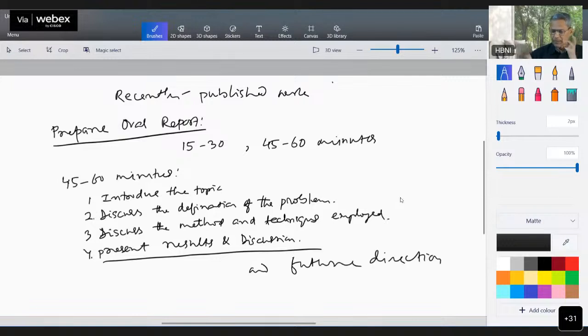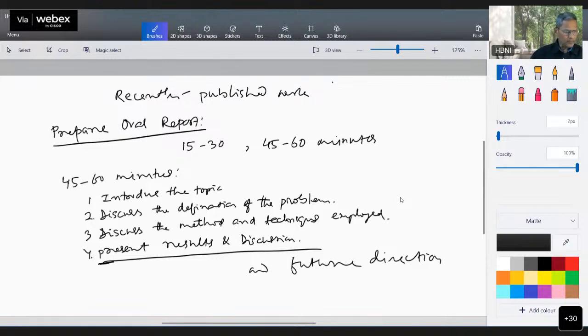Suppose you are making a 15 minutes presentation. In that case, you should reduce informative items, and minimize techniques and methods, but keep most of your time for the presentation of results and discussion, and also future direction.